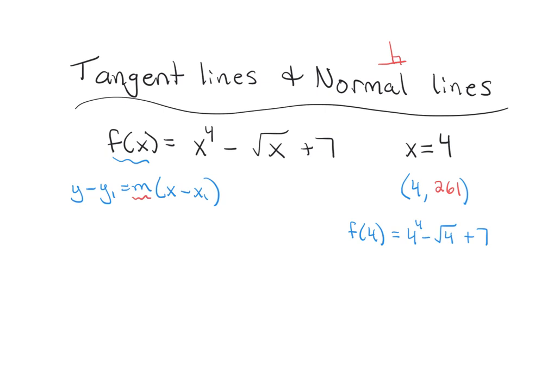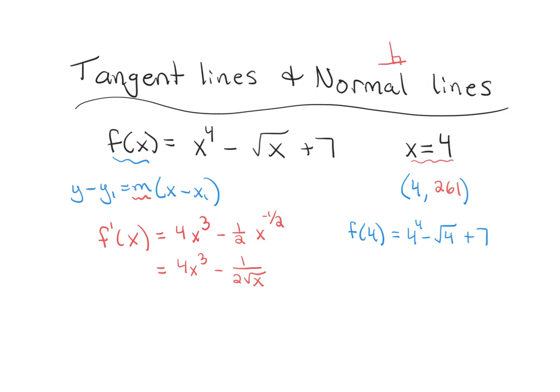We get the slope of the tangent line from the derivative. So finding f prime of x, and then finding the derivative at 4. We will have 4x to the 3rd, and then minus 1/2 x to the power of negative 1/2, which we can rewrite like this.